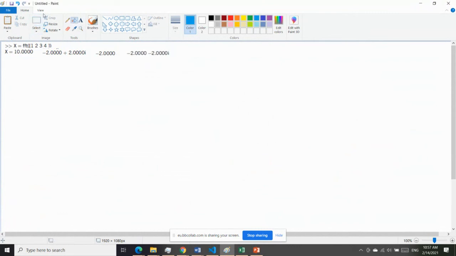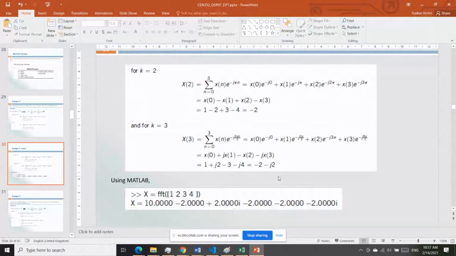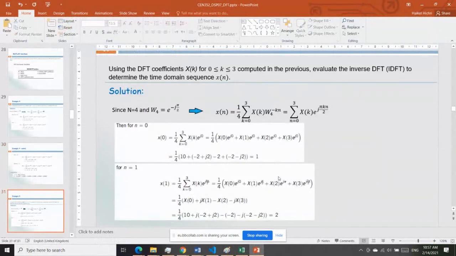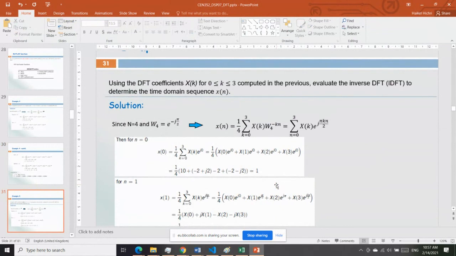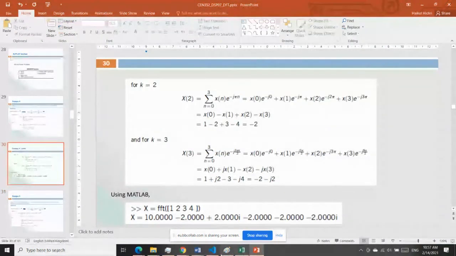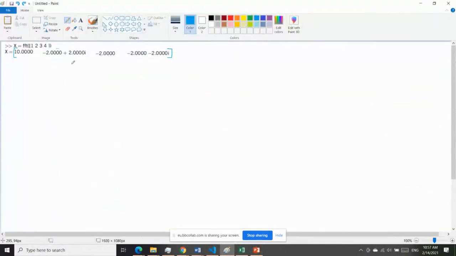Again it's a vector. فالنتيجة it's a vector. الماتلاب ما يحط فاصل هنا بينهم. It's just يحط space. You can then compute the spectrum. You can compute the spectrum for this and plot it. Do a plot.